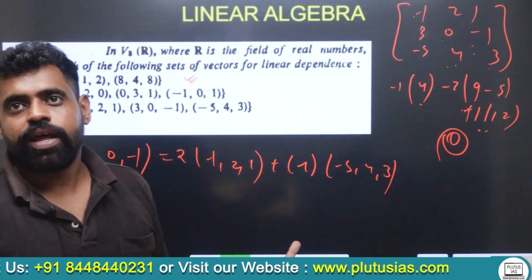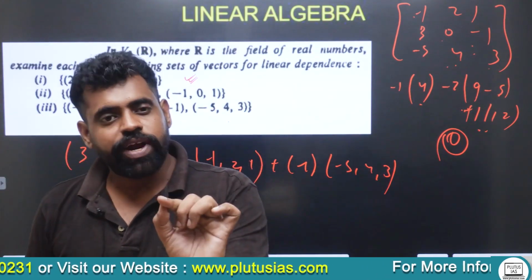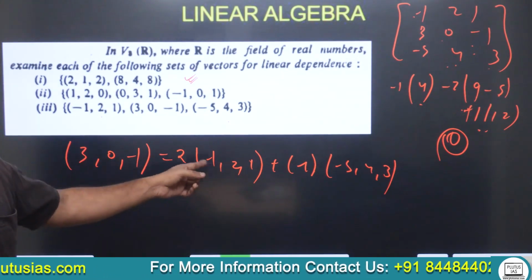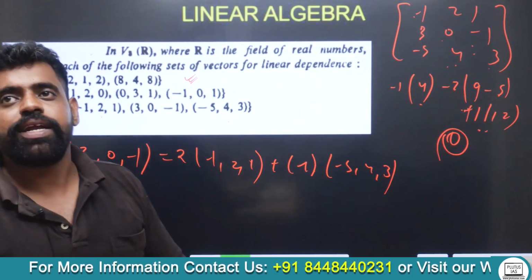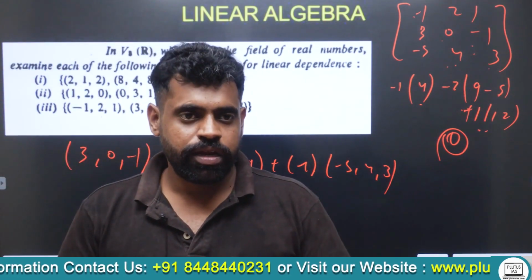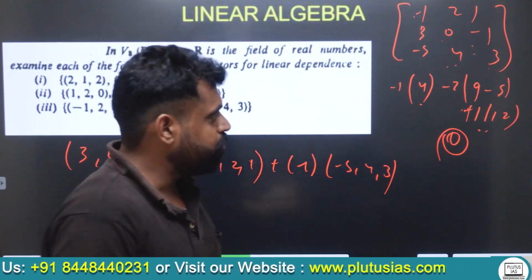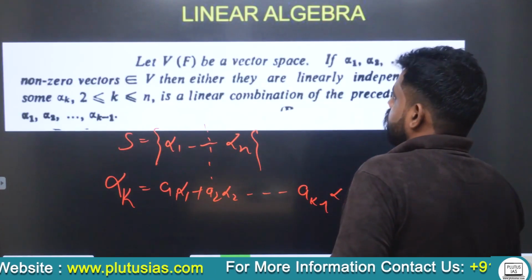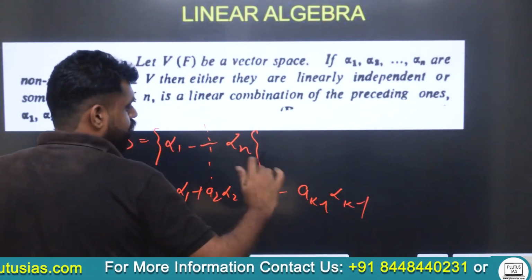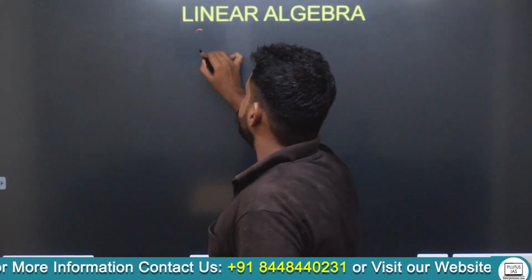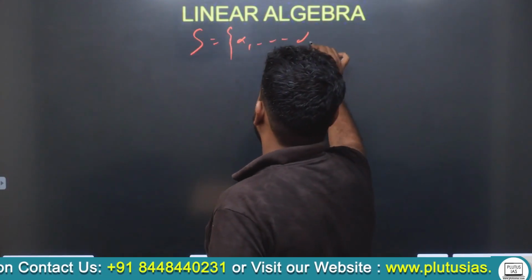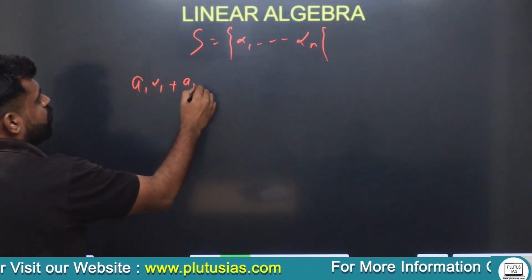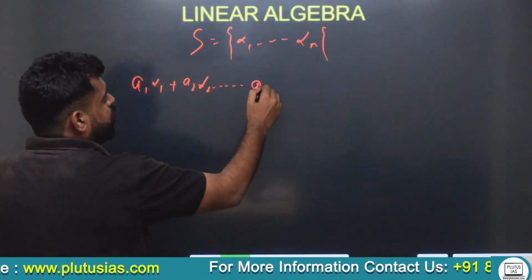We can see that if it is linearly dependent, at least one vector can be written as a linear combination of others. Clear concept. If you have to prove this theorem, then what you can say is, if it is linearly dependent, alpha 1 to alpha n, then a1 alpha 1 plus a2 alpha 2 plus up to an alpha n equals 0. Suppose we take ak alpha k.